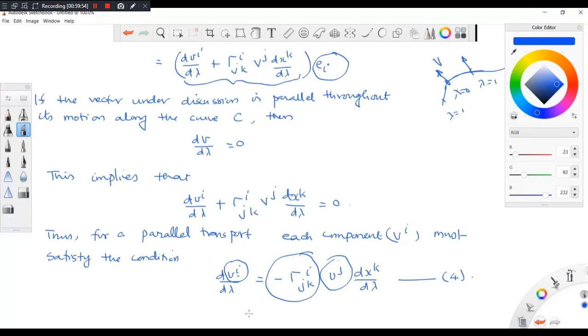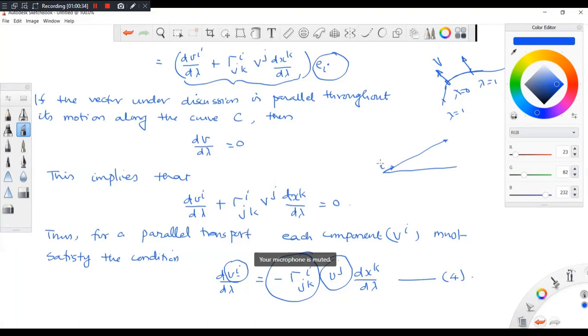Sir, why are the basis vectors dependent on the coordinates? See, for example, suppose you consider the polar coordinate system. Take I in one direction, for theta. When theta changes, this point will go to some other point.